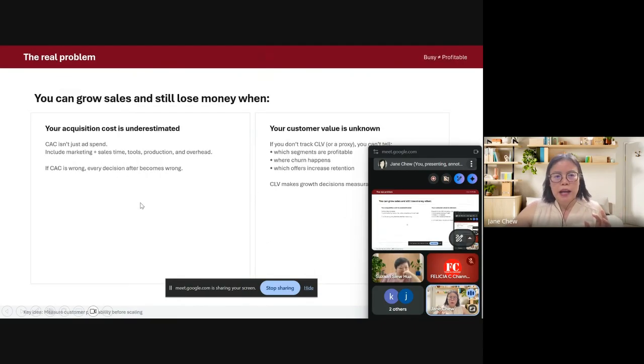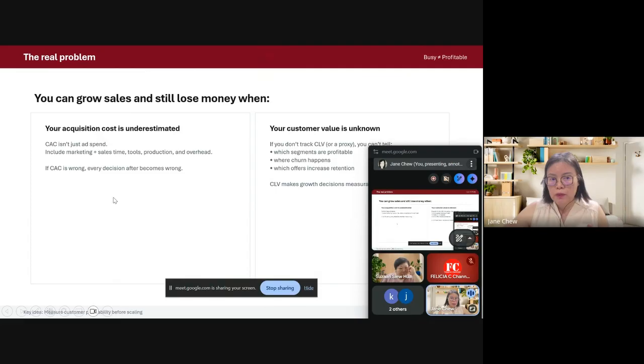Now there are two key measurements that all of us need to know, especially when we talk about generating leads from the internet or from B2B sales. The first is the cost of acquiring leads, what we call customer acquisition cost, right?